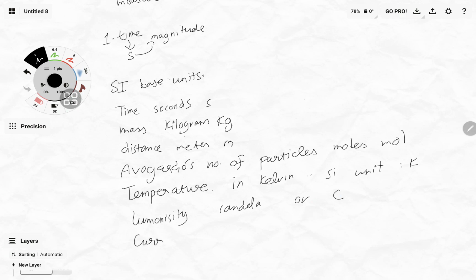Current is measured in amperes, and the SI unit is A.